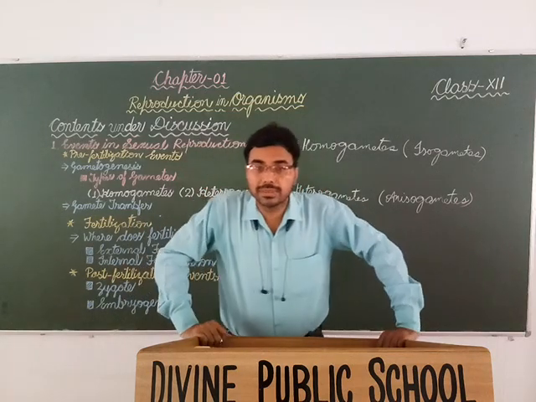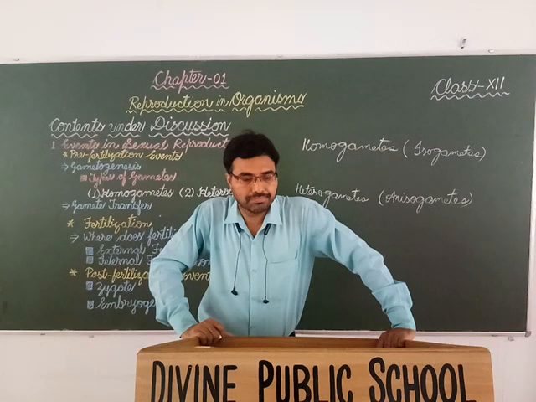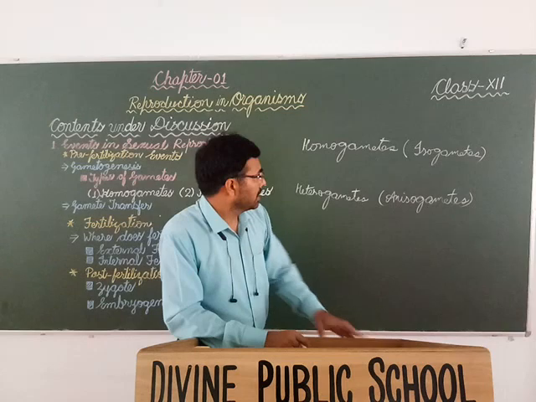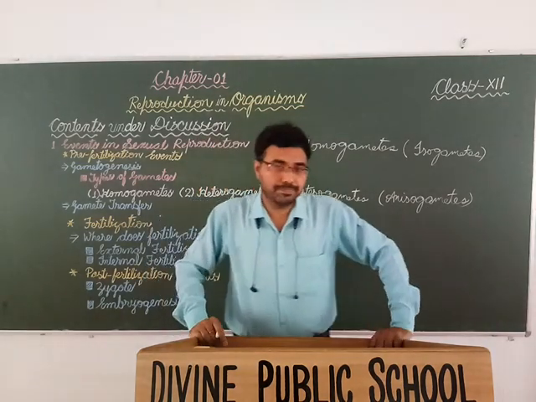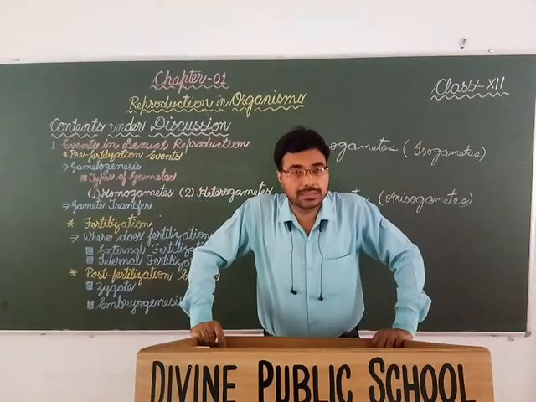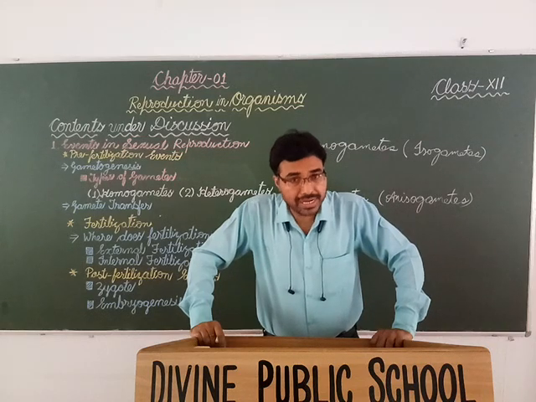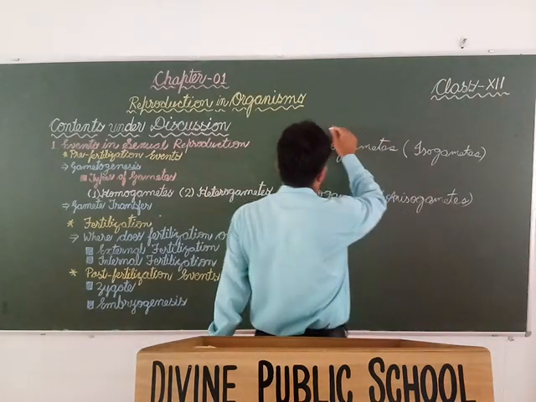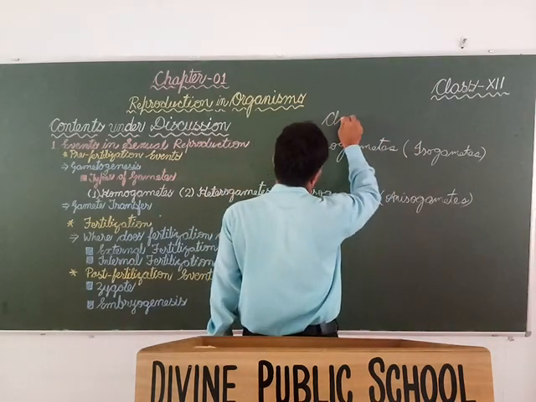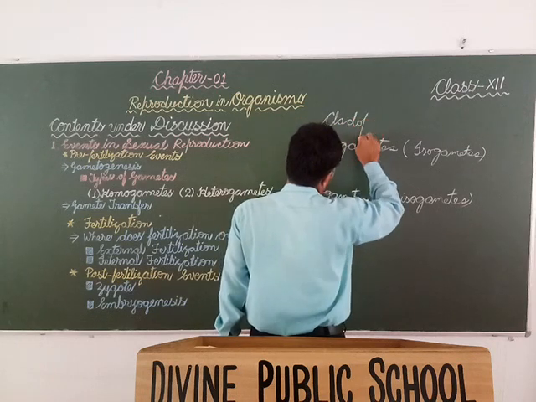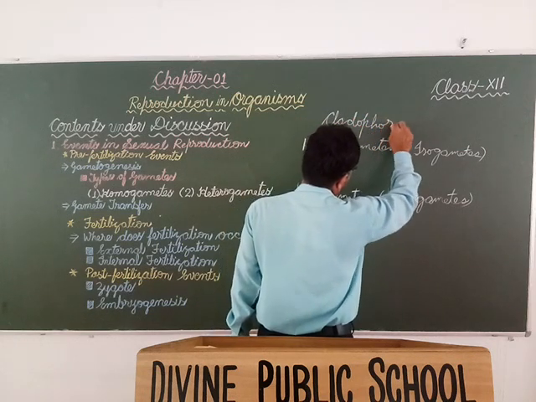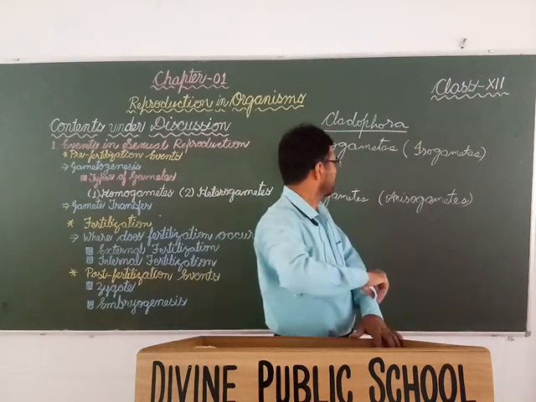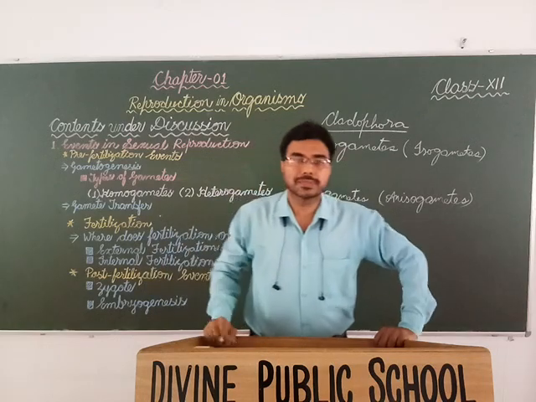Now, let us move on to the examples. So, as far as the homogametes are concerned, there is a green alga which is called Cladophora, which possesses homogametes.